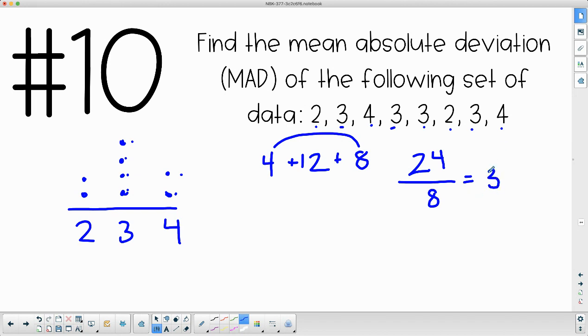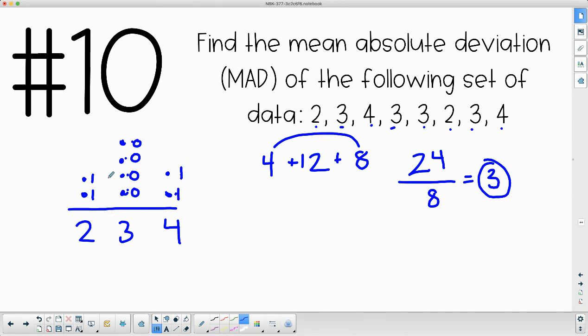But now we're mad because we have to do that all over again. And we have to see how far away everything is from 3. So I'm going to come here. So 3 minus 3 is 0. So these are all 0 away from 3. 3 minus 2 is 1. These are 1 away. And to get from 3 to 4 is also 1 away.